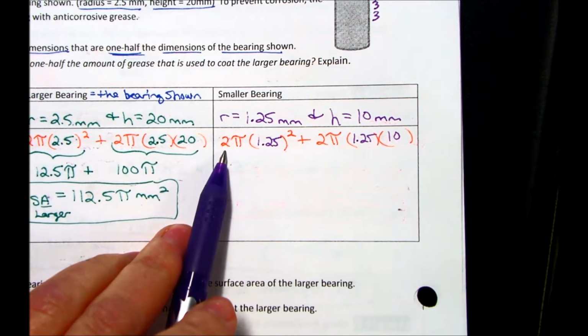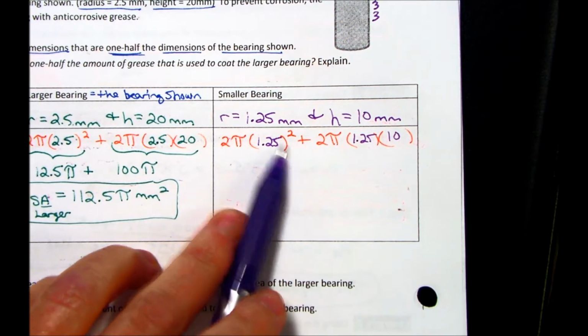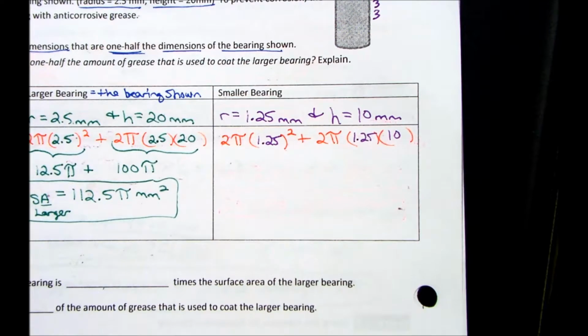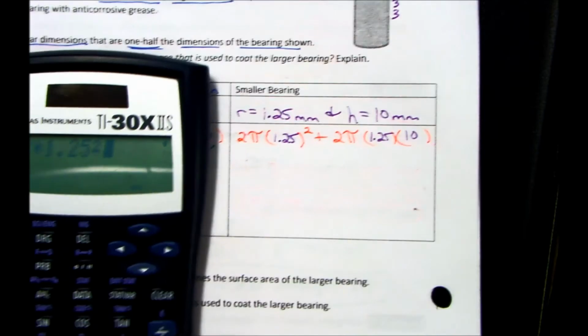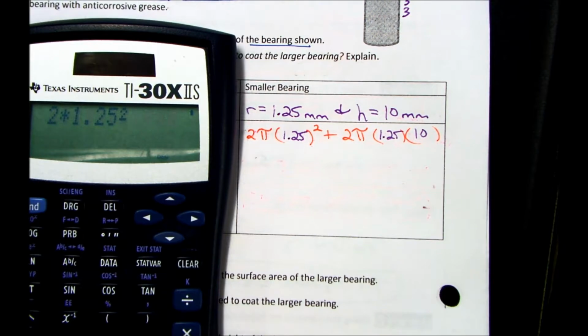So now when I multiply 2 times 1.25 squared, let me get my calculator out here, and it's just going to look like this in case you need to see what your calculator should look like. So when I hit equals, I get 3.125.